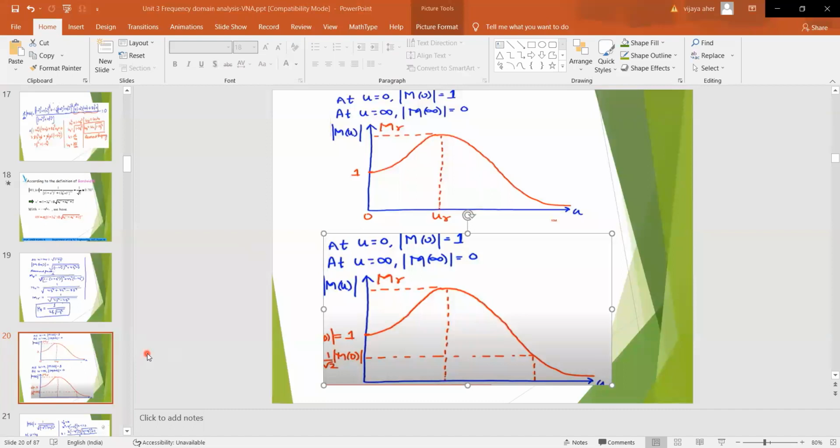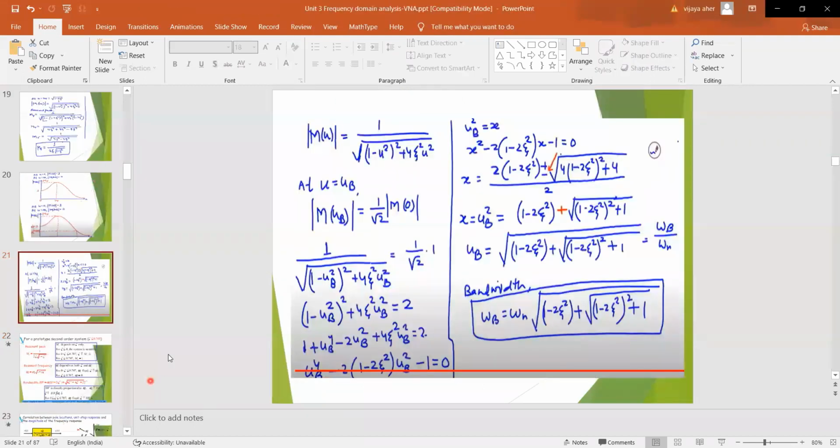So draw the response with u equal to 0 and u equal to infinity. A small part is remaining. How will you get the equation for bandwidth? Starting from this point, the magnitude M(u) is equal to 1 divided by the square root of (1 minus u squared) whole squared plus 4 zeta squared u squared, which you know very well.